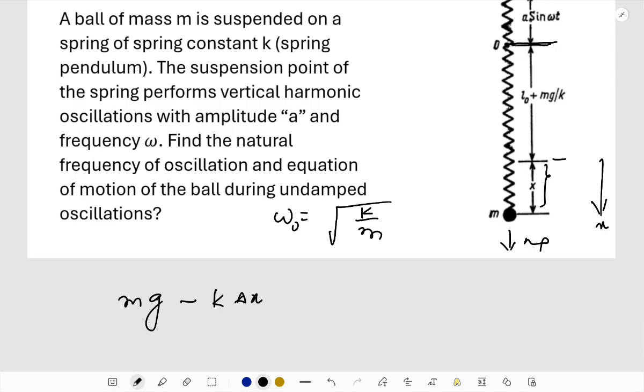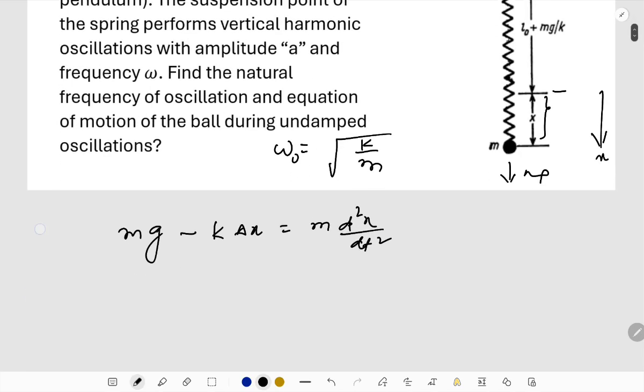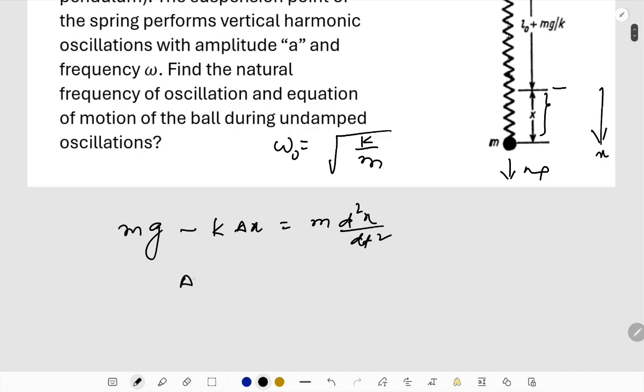I would like to write this extension simply as delta x, and that will be equal to m d2x upon dt square, mass into acceleration. And what is the value of delta x here? Delta x is the total extension produced in the spring, and that is mg by k plus x plus A sine omega t. This is the full extension of the spring.